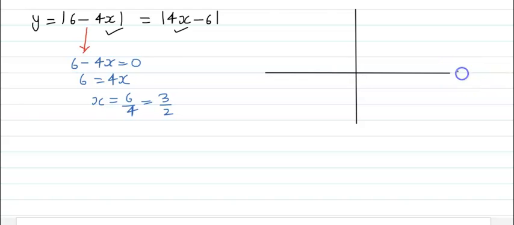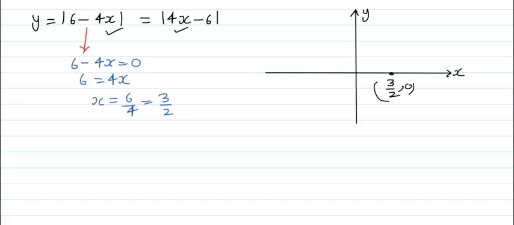Okay, so this is the x-axis, y-axis, and this point is, suppose, 3 over 2 and 0, and here the gradient is negative, right? 6 minus 4x. So this line will pass and we will get a V-shaped graph here again. I'm not going to draw the dotted line, you just draw a V-shaped graph like this.